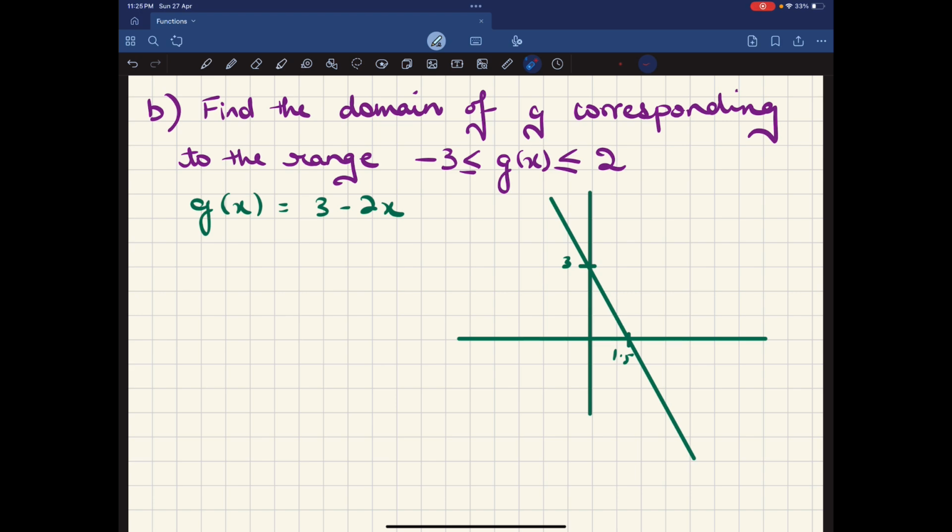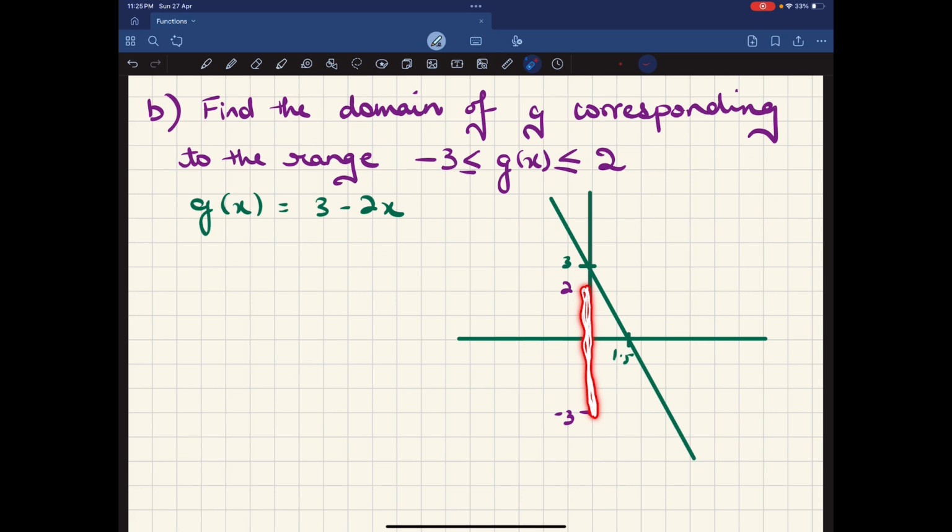If your range is between -3 and 2. Okay, where is -3 now? Here, -3 and 2. So this is your range, and for this range you need to find the respective domain.